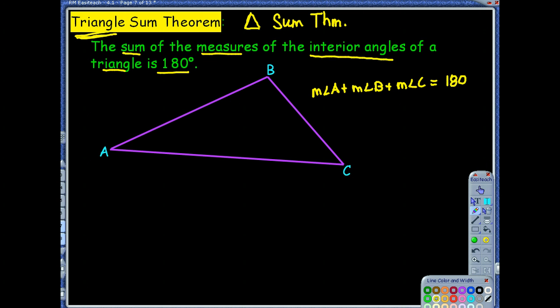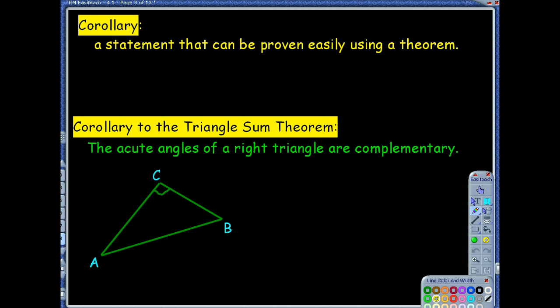Absolutely. Now, we're going to lead into a new word: a corollary. A corollary is basically a more specific case. Yes, a very specific case. And they're not things that we use frequently because they are those specific cases. So it's a statement that can be proven using a theorem, but it applies to a more specific type of figure usually.